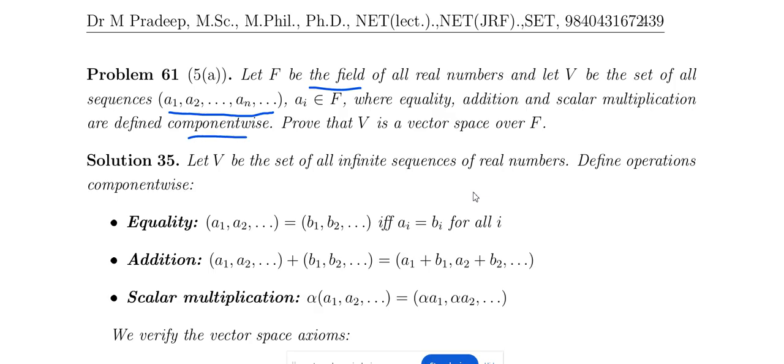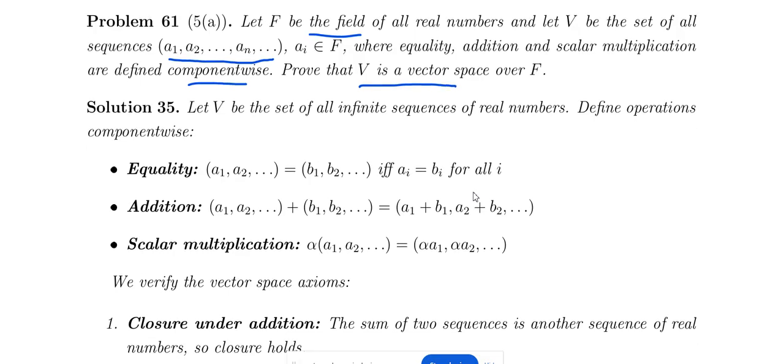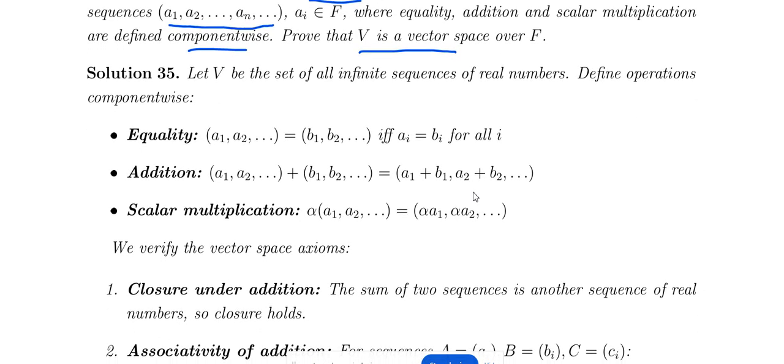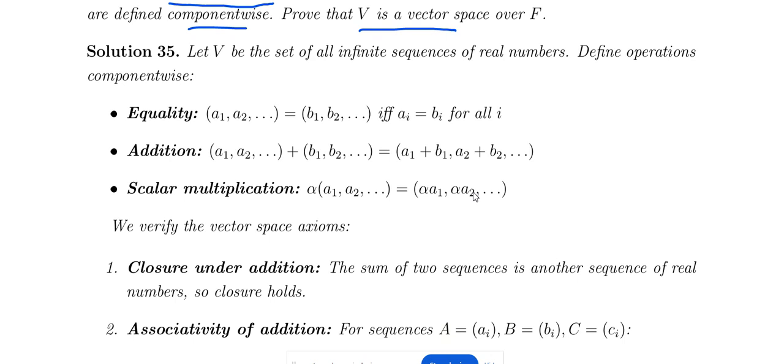Component wise means if we take a1, a2 and so on, b1, b2 and so on, then a1 equals b1, a2 equals b2, an equals bn. Here I will try to prove that V is a vector space. We have already seen this, so I am not doing the detailed proof. This is one of the examples for a vector space. So V is the set of all infinite sequences.